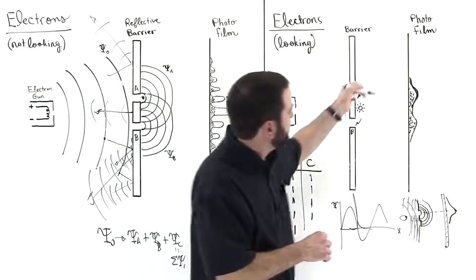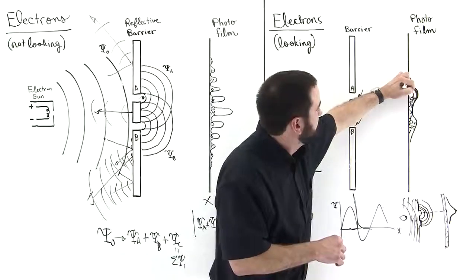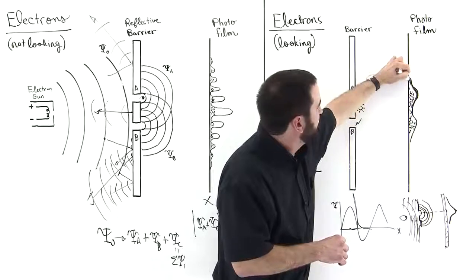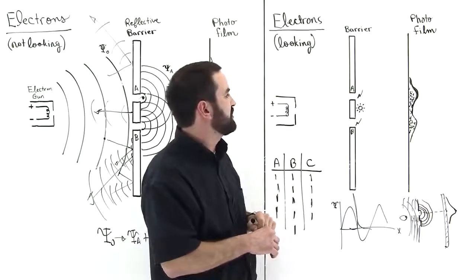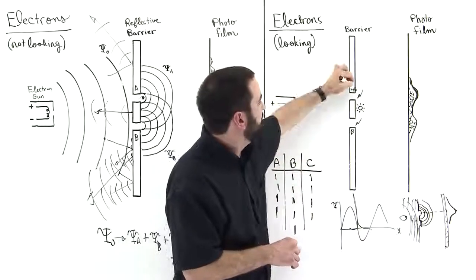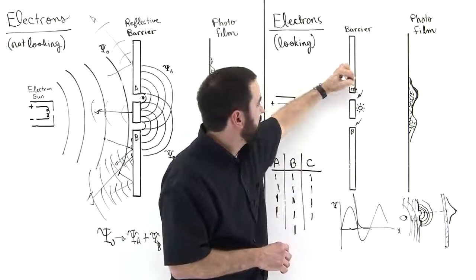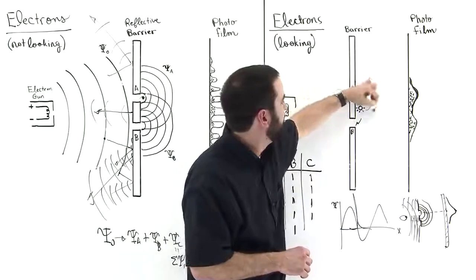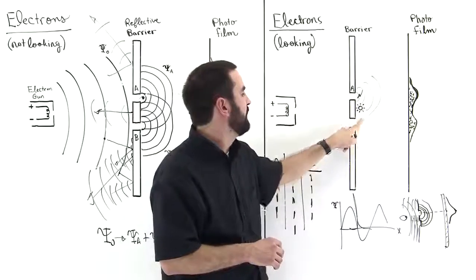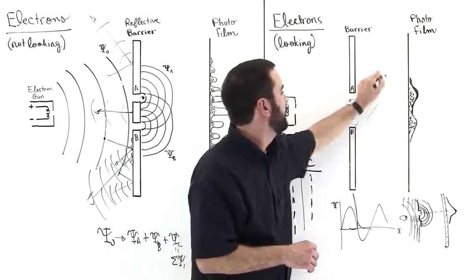And so that looks very similar to the pattern we get if we look at the electron, right? Then the electron, what has happened is we've collapsed the wave function, and now we only have one source being emitted with nothing else to interfere with it.